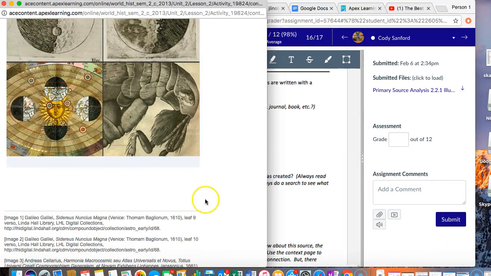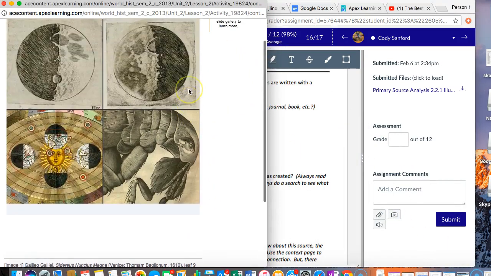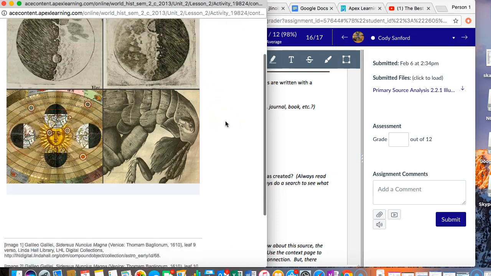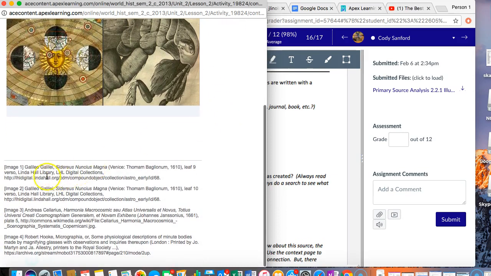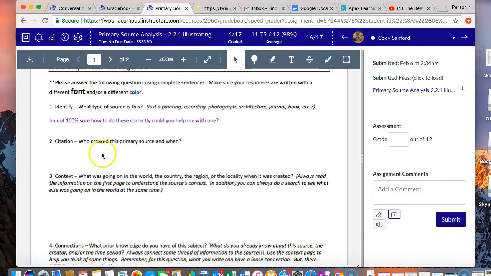And you can actually, instead of opening up all 4 of these, you can go down here and write, so these 2 are by the same person, Galileo Galilei, Cellarius, and Hooke. So I'm going to minimize this. So who created this primary source and when? It is Galileo, Cellarius, and Hooke.